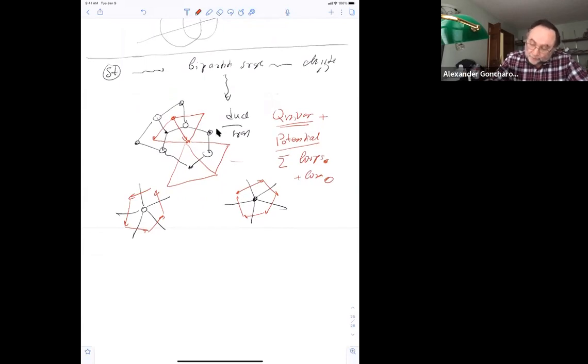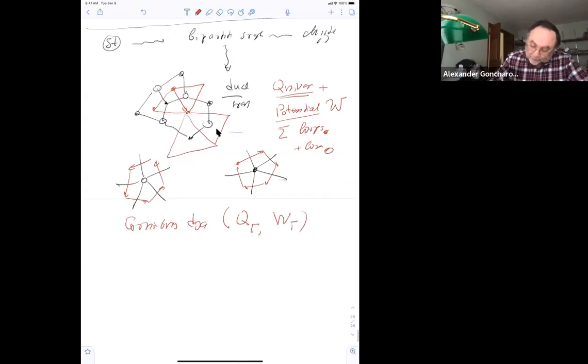Now if you have a potential, let's denote this by W, then there is an object which is called the Ginzburg DGA, related to this quiver and potential, which come from the bipartite graph. And the Ginzburg DGA produces a 3D Calabi-Yau category.